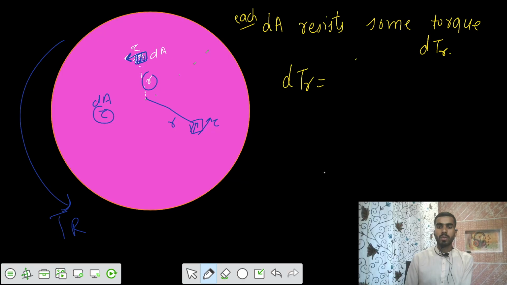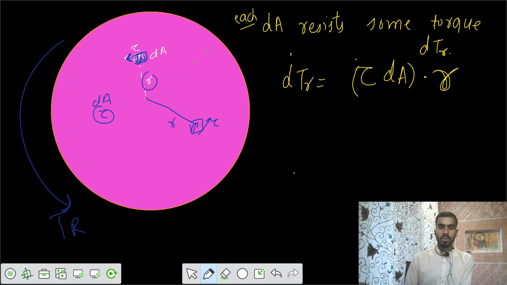The force equals the shear stress developed at that location, tau into dA, a small force of tau dA, and the length, the radius from the center, equals r. So we got this value of shear stress and that resisting torque.